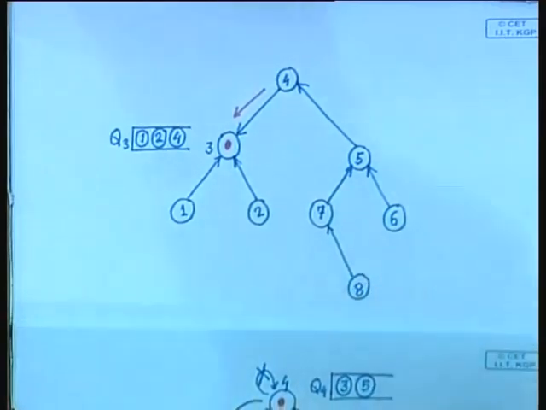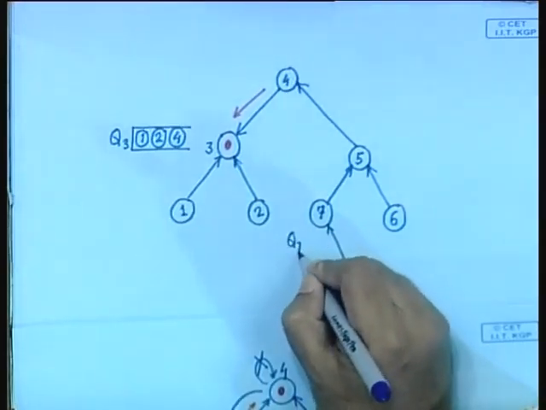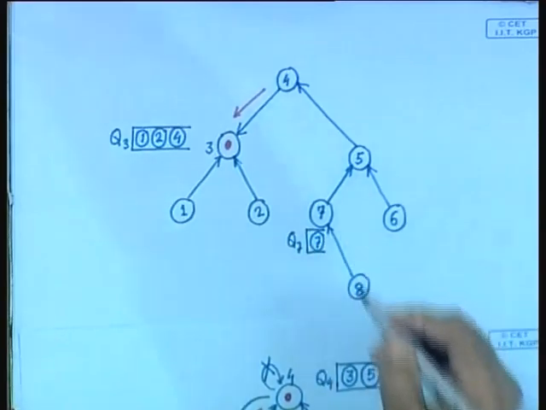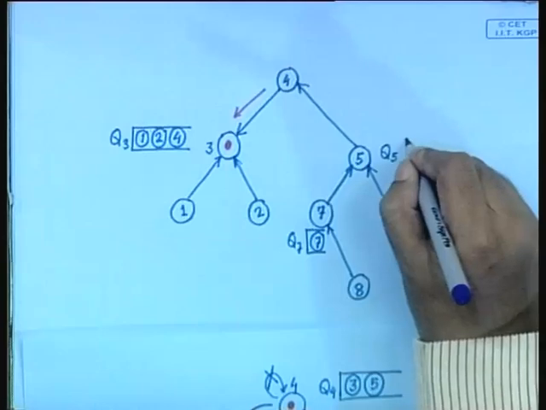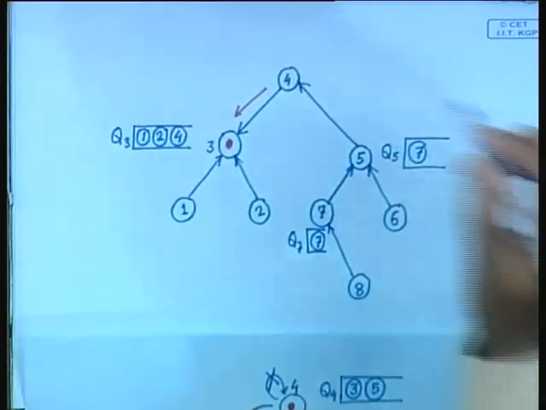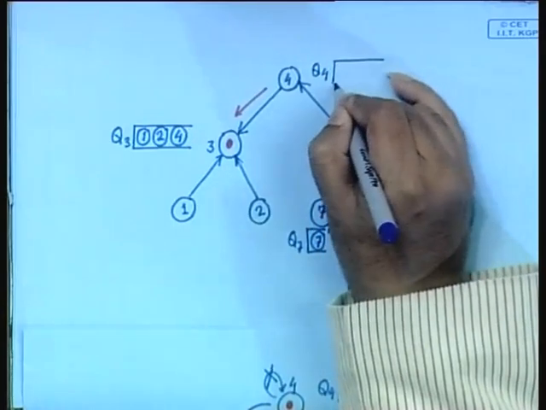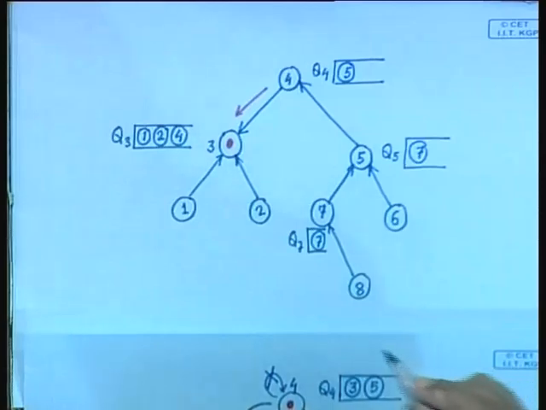And let me take down the status of the queues. So, Q7 has 7 because 7 had sent a request. Okay. Q5 has 7, Q4 has only 5 now, right.